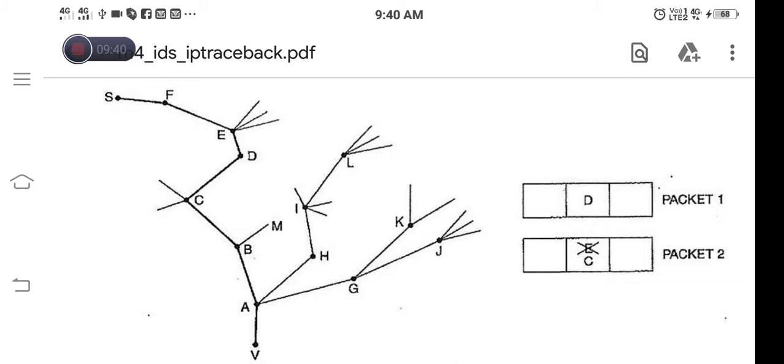So here, since all the packets have been probabilistically marked with the fingerprint of the intermediate routers, an ensemble of the attack packets will reveal the identities of various intermediate routers, which helps in reconstructing the attack path.